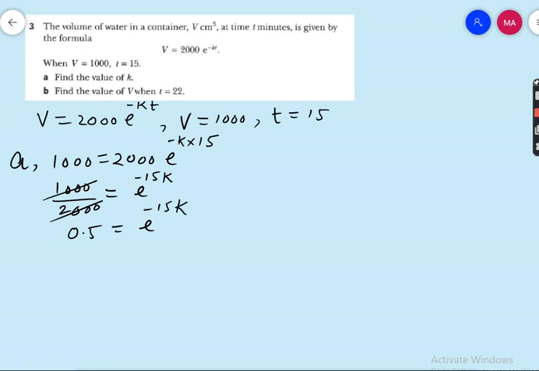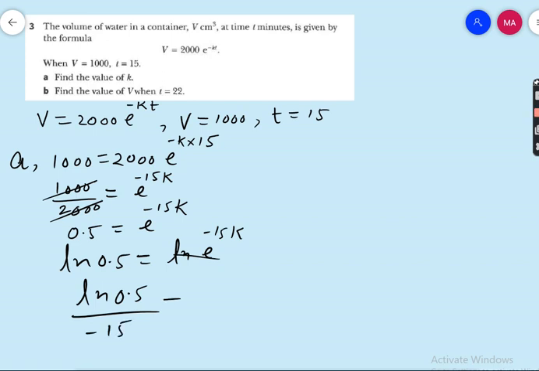Again, because we need the value of k, we have to take ln on both sides. So ln 0.5 is equal to ln e power minus 15k. ln and e cancel, so ln 0.5 and this minus 15 is divided over here. This should give us the value of k.